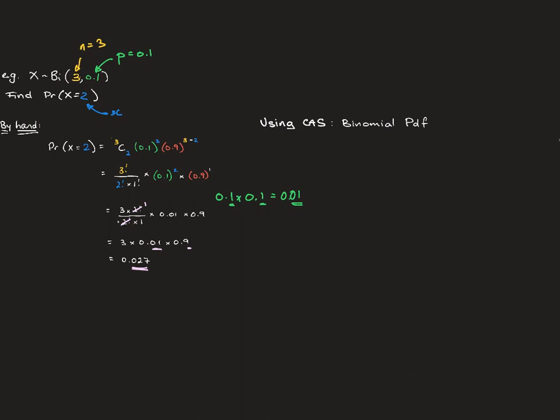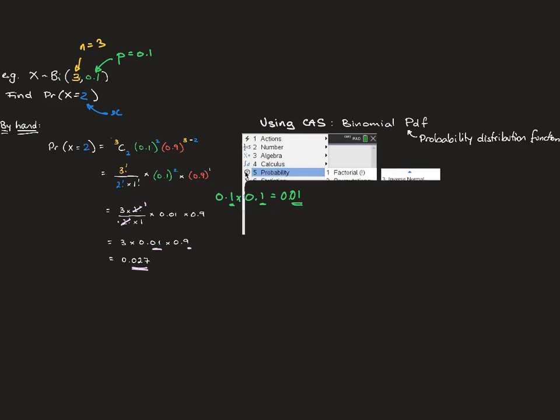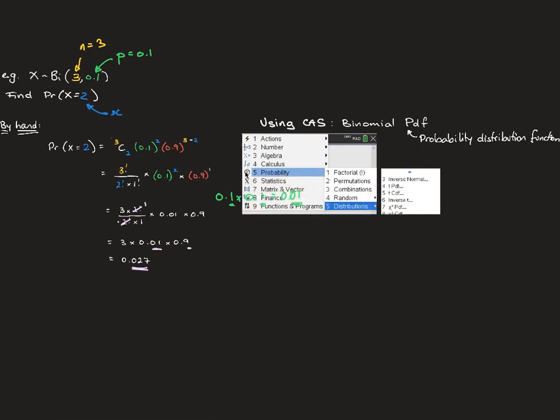So using CAS to find binomial probabilities, we use the binomial PDF capacity on our CAS, and PDF stands for probability distribution function. And you'll find that on your calculator under probability distributions, and then you might have to scroll down to see it, but you're looking for binomial PDF.